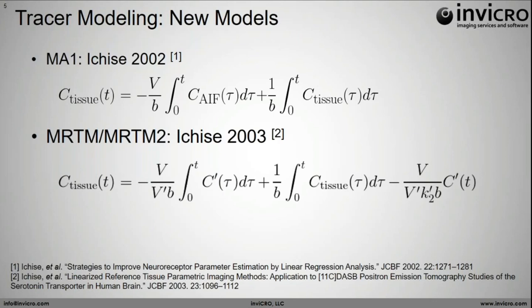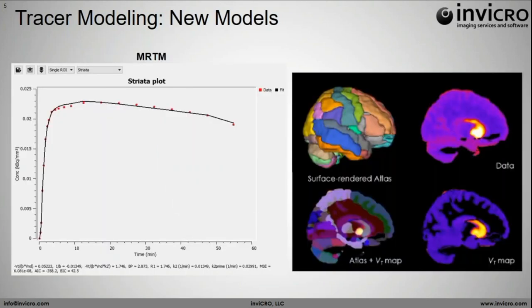In addition, we have a couple of new models in the tool. MA1 linear analysis, which is for simple compartmental models, as well as reference tissue models MRTM and MRTM2. These are new to VivoQuant and are really a great way for voxel-wise modeling, if that's something of interest to you, in particular for the benefit of its speed.